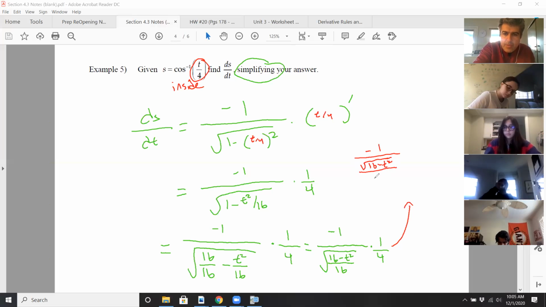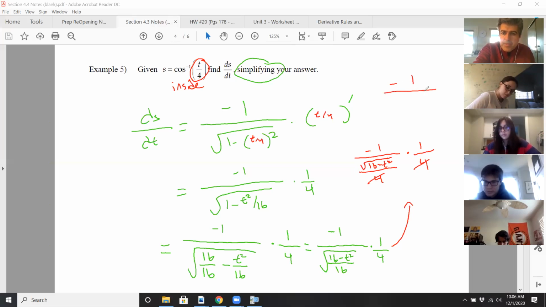Yikes, because it's square rooted. And you still have times 1 over 4. Now, what you could do is flip this over, or you could just see that there's obviously a cross-off right like that. So the answer would be -1 over root 16 minus t squared.